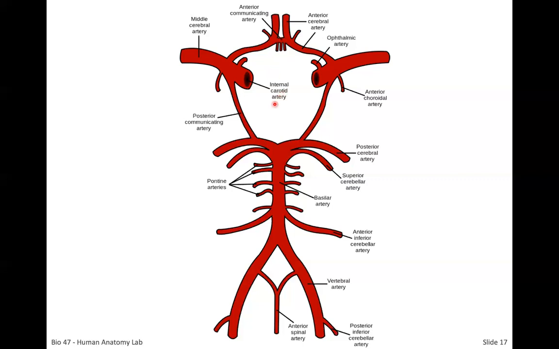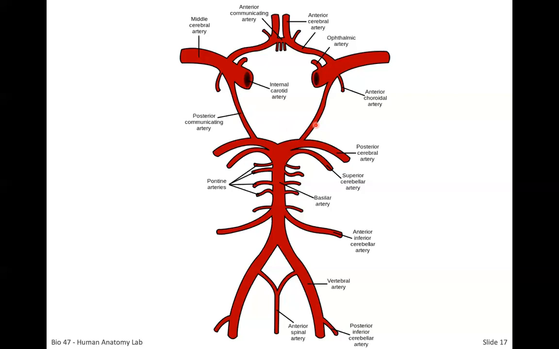Then there are two posterior communicating arteries. So this is one connecting the internal carotid to the posterior cerebral, and over here, another posterior communicating artery. And these communicating arteries, unlike the cerebral arteries, allow two-way flow of blood.